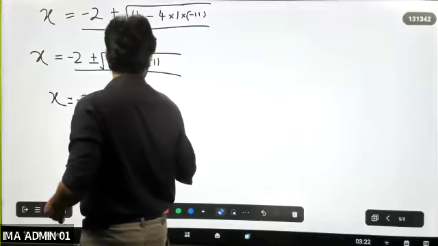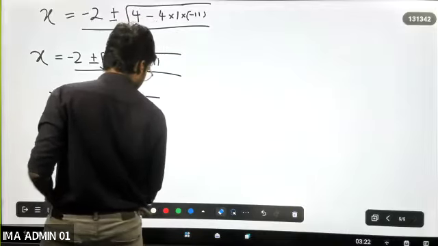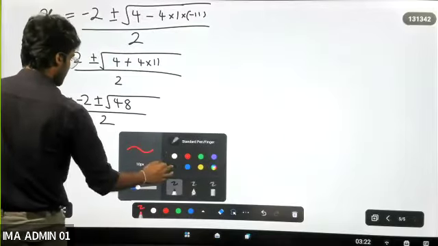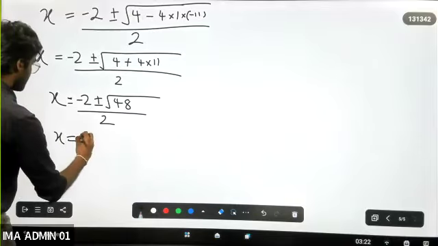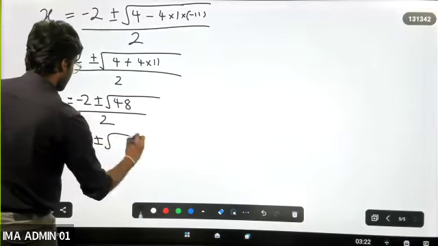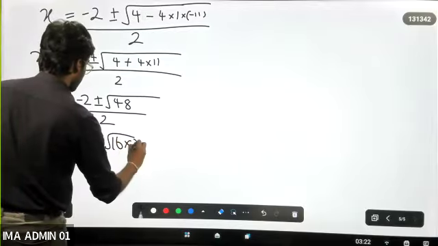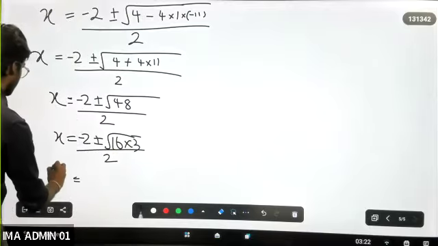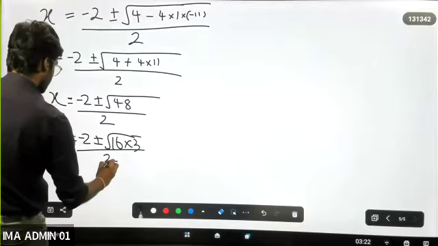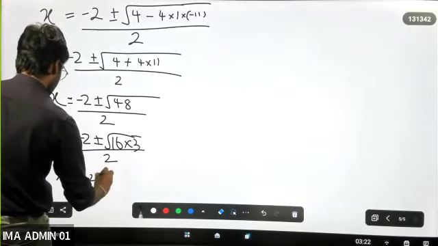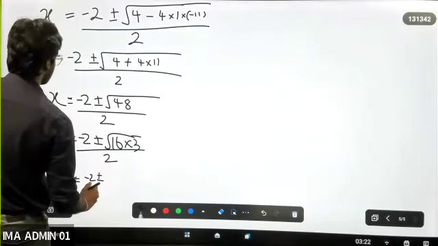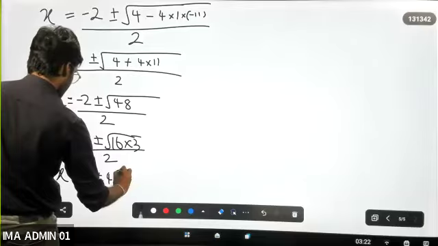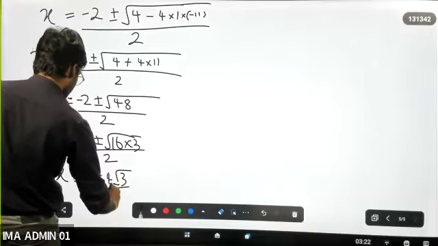Okay? Then I will do that now. I will write down this quickly. 16 multiplied by 3 divided by 2. So then I get this x minus 2 plus or minus 4, 3, 2.